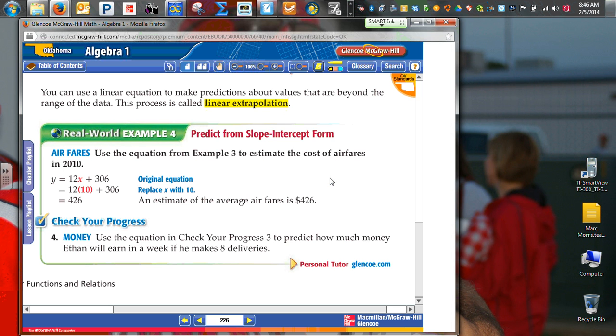Okay, so 12 times 10 plus 306. What is 306 in example 3? Look at example 3 right above. Where does 306 come from? Read the very top of example 3.